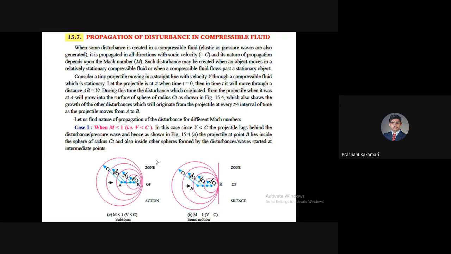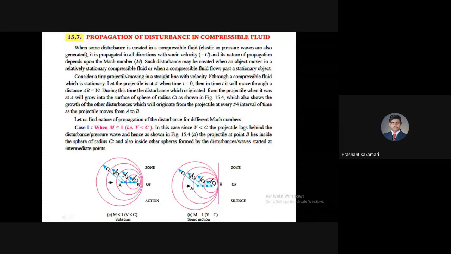So the projectile distance and travel profile may change for a given time. But here we are going to assume it is moving in a straight line with a velocity v, because the body is moving, the bullet is moving. So that velocity is v, not the speed of sound. The speed of sound, or the disturbance of that bullet fired, we are taking as c, the constant speed of sound or the sonic velocity c.